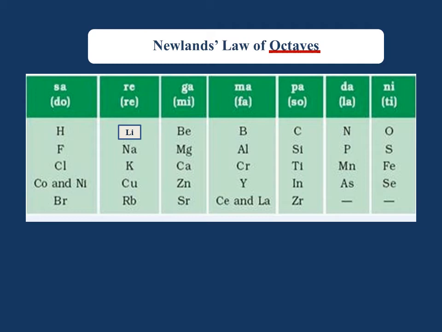Like that, if we arrange the elements in order of increasing mass, then we can observe this repetition. If we take lithium as the first element, after 7, sodium is the eighth one.